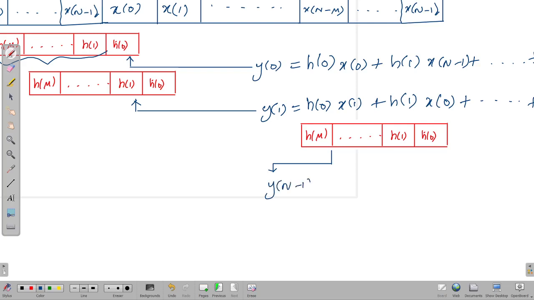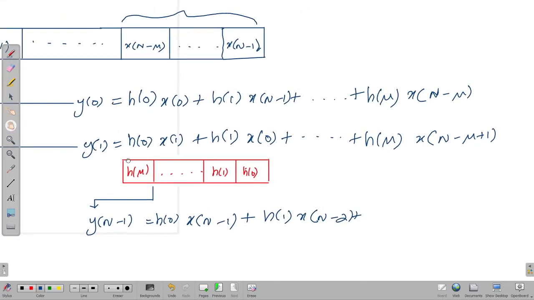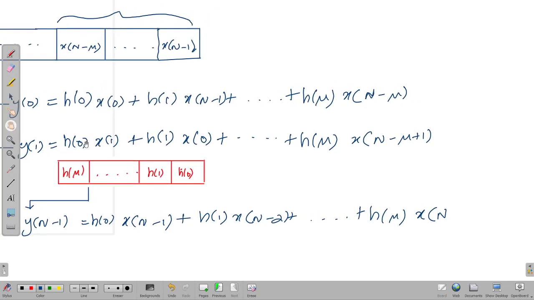So y of n minus 1 is equal to h of 0 into x of n minus 1 plus h of 1 into x of n minus 2 plus it goes up to h of mu into, so from here it goes up to mu plus 1 symbols, so it is x of n minus mu minus 1.